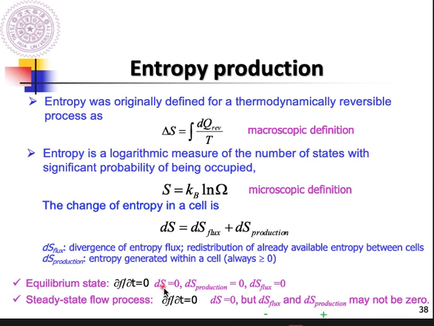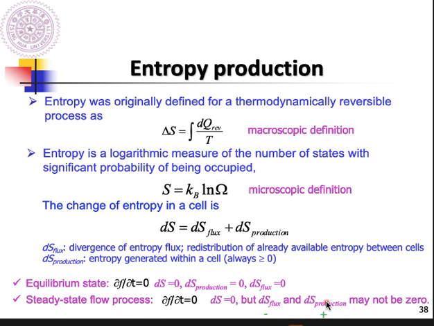In both cases, the state function does not change over time, and the entropy change equals 0. How about the entropy production rate in this system? In the steady state it is positive, but in the equilibrium state it is 0. And the entropy flux from surroundings in the steady state is negative.